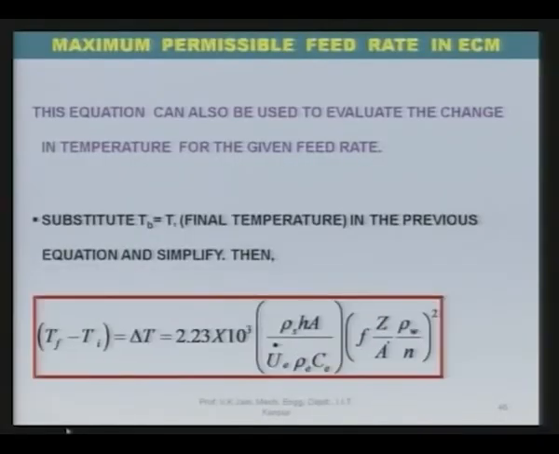If you simplify this, the final equation is Tf, the final temperature of the electrolyte, minus Ti, the initial temperature of the electrolyte, which is delta T, equal to 2.23 into 10 raised to power 3 multiplied by rho s h A divided by u e rho e c e, again multiplied by f, the feed rate, Z over A dash multiplied by rho w over n, whole square.